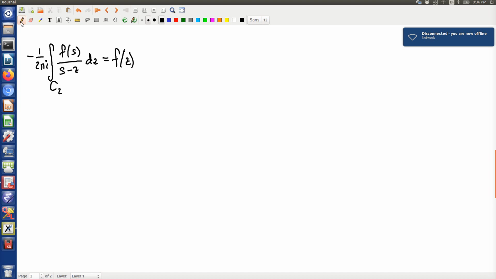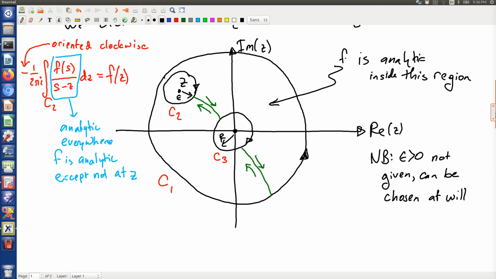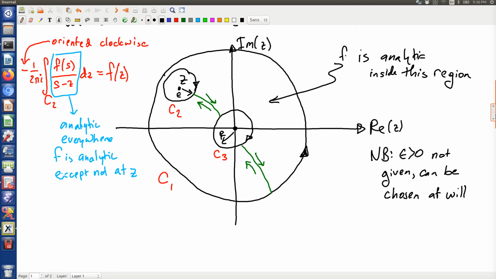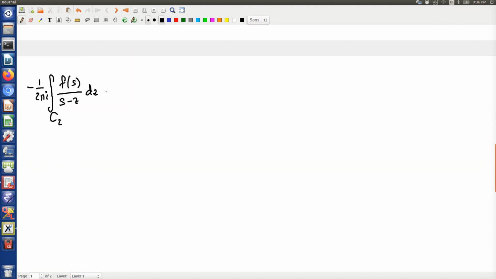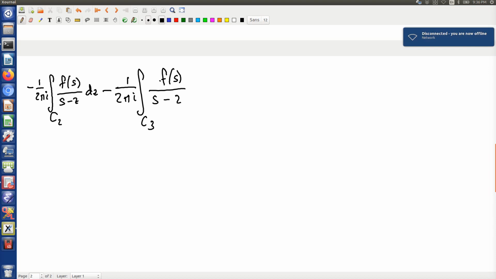So that's there, but now I'm going to write this guy out a little differently. You will notice that the C2 integral is oriented clockwise, as is C3. So C3 is going to look pretty much the same thing, except it's going to say C3 on there. And f of s over s minus z, ds.